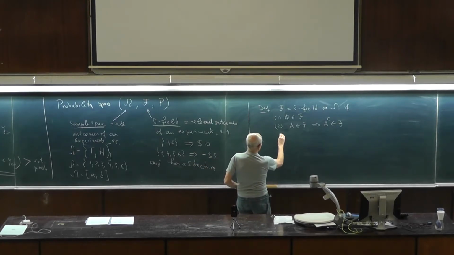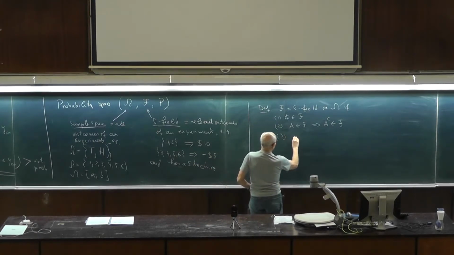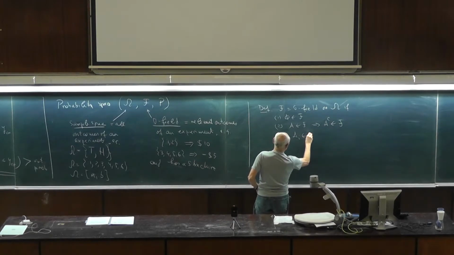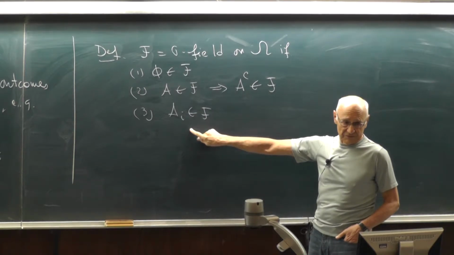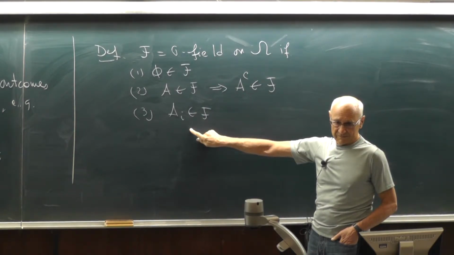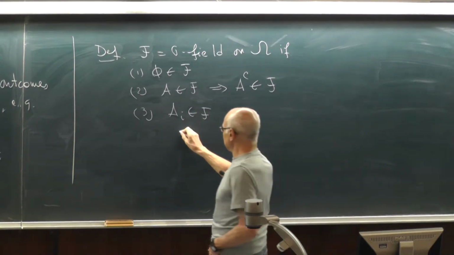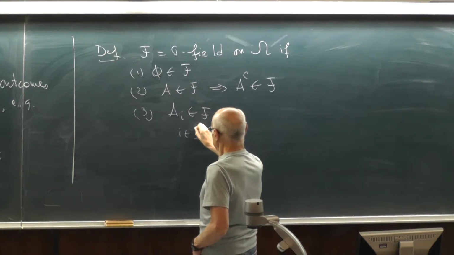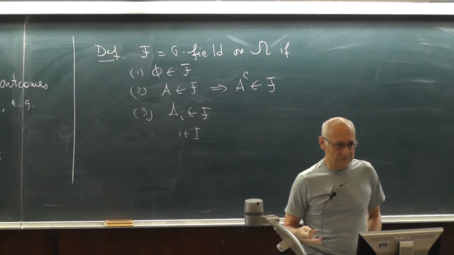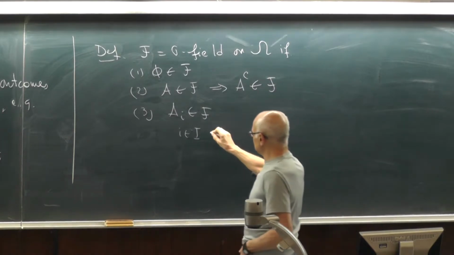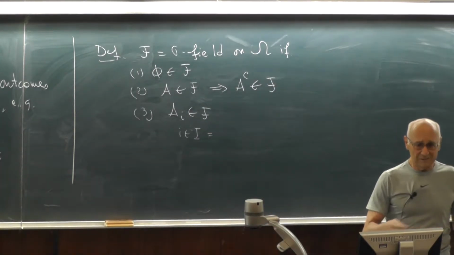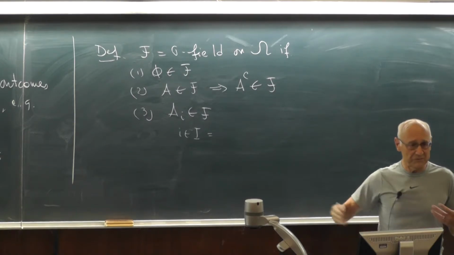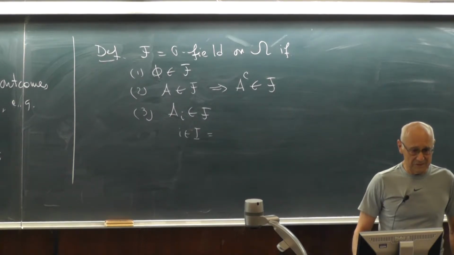And the other property is that if you have a set of such events A_i, where i belongs to a set I which is countable. What does countable mean? There is a one-to-one correspondence between I and the natural numbers.